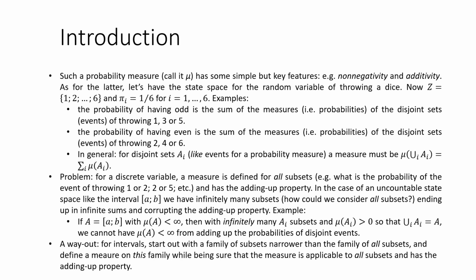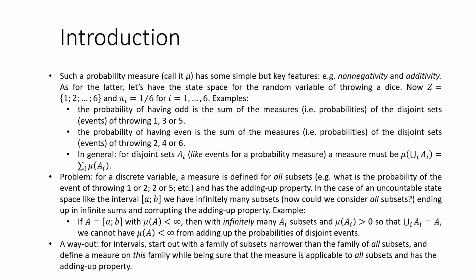So this is a property we won't have for any measure or probability measure. We have a problem here because for discrete variables like throwing a dice, a measure is defined for all subsets. So it's easy to count all the possible events, like the probability of throwing 1 or 2, 3 or 5, or the probability of throwing 4, 5, or 6.